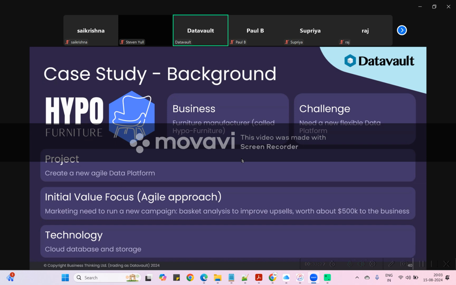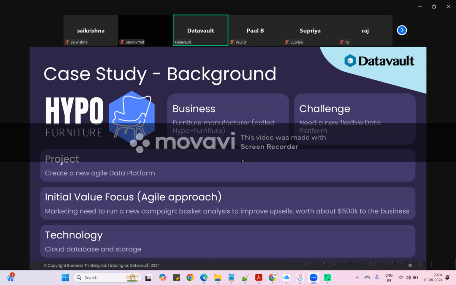Now, they've got a project to run, and just like a good agile development approach, they need to add value. So they've looked around in the business for a use case, and they found a marketing team that need to run a campaign. They need to do some basket analysis to improve their upsells.